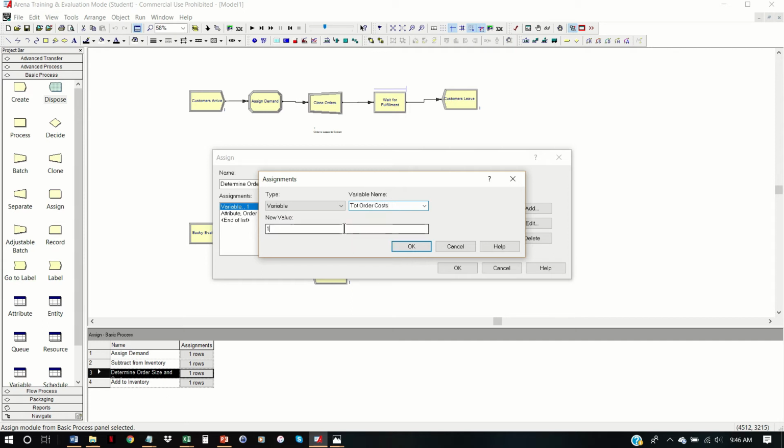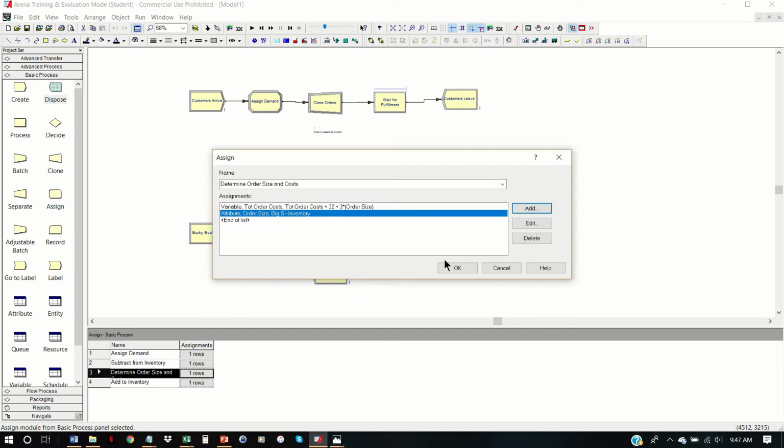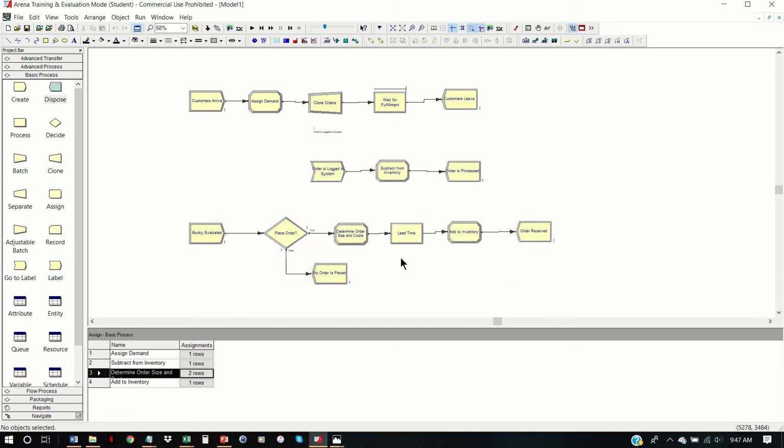This is going to be equal to the previous total order cost plus a flat fee of $32 plus $3 times the order size. So for every order that's placed, we have a one-time processing fee of $32, and then it's $3 per part. We can hit OK. And this is now our full inventory system.